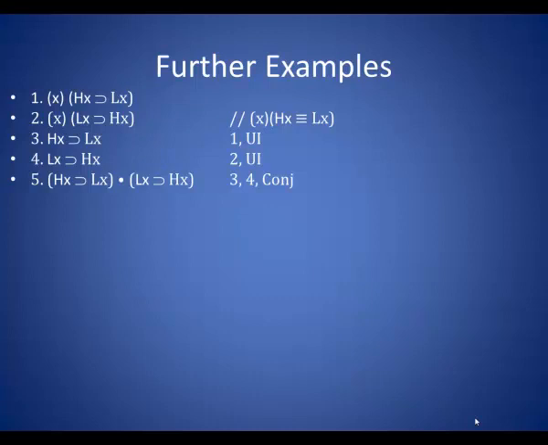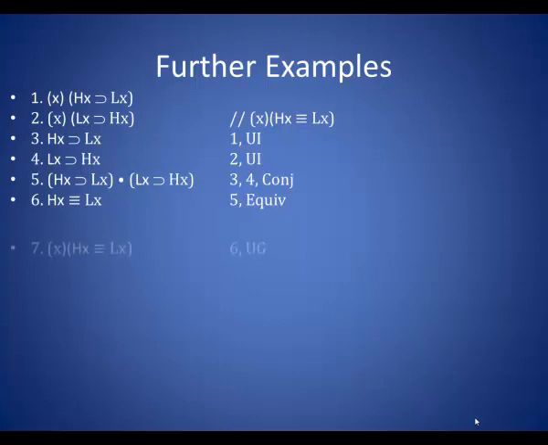So notice on line 3 I have a conditional that says if x is h, then x is L. On line 4 I have a conditional that says if x is L, then x is h. On line 5 I've just conjuncted lines 3 and 4. Now this allows us to use our rule of equivalence. Once I use my rule of equivalence, I end up with x is h if and only if x is L. One step's left, and that's just to reintroduce my universal quantifier.